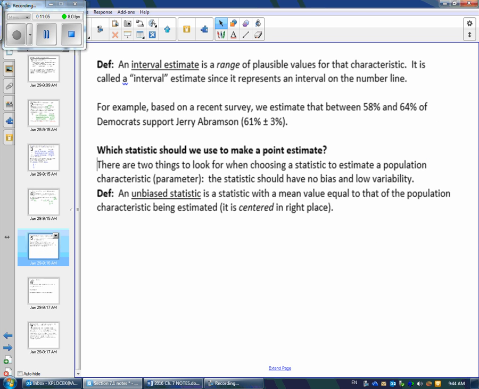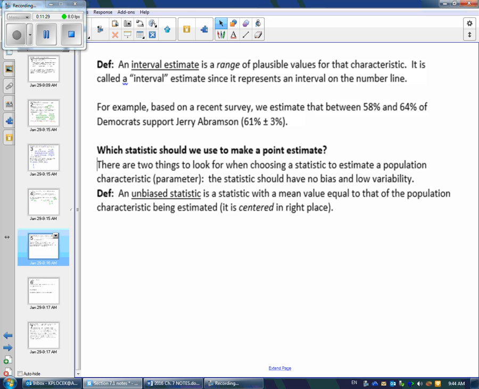An interval estimate is a range of plausible values for the characteristic. It's called an interval because it represents an interval on the number line. For example, based on a recent survey, we estimate that between 58% and 64% of Democrats support Jerry Abersom. Yeah, 61% plus or minus 3%.